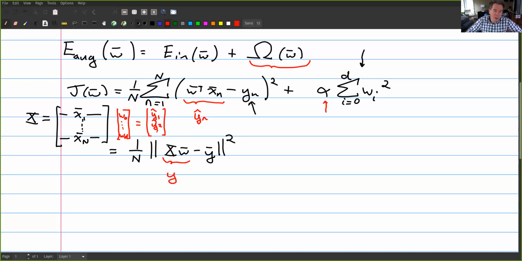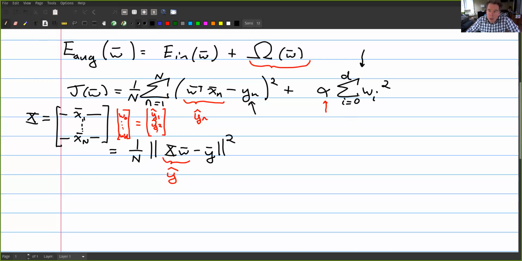So this is the vector of predictions, and that's exactly what this expression is. You take the prediction minus the truth and then square it and then sum all those up and divide by n. So these two expressions are saying the same thing.